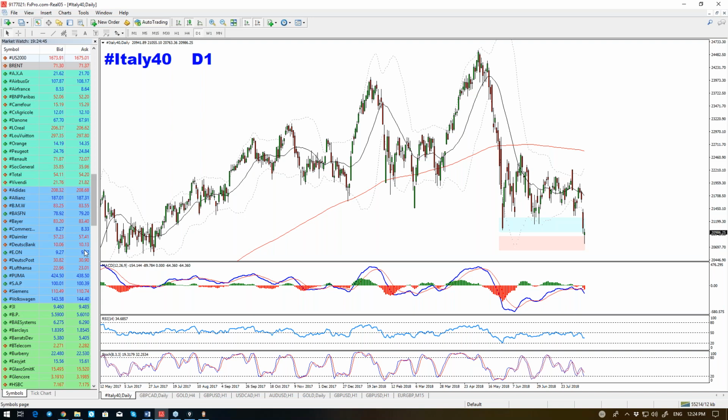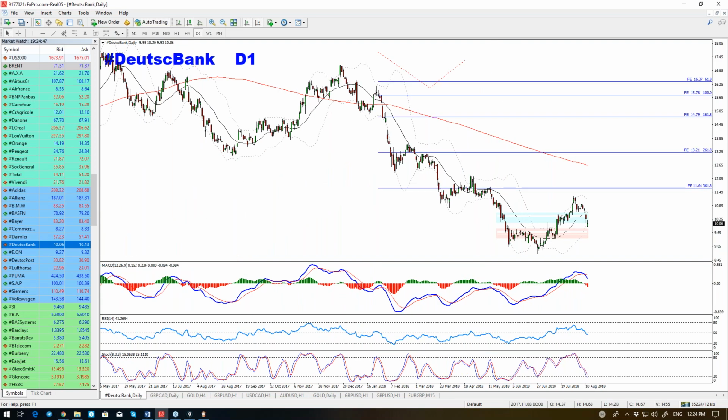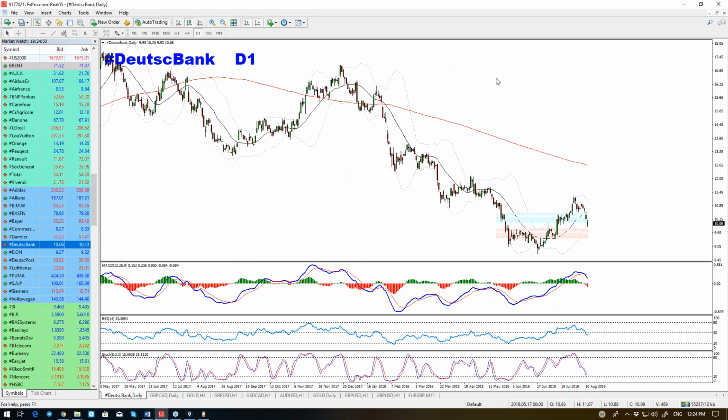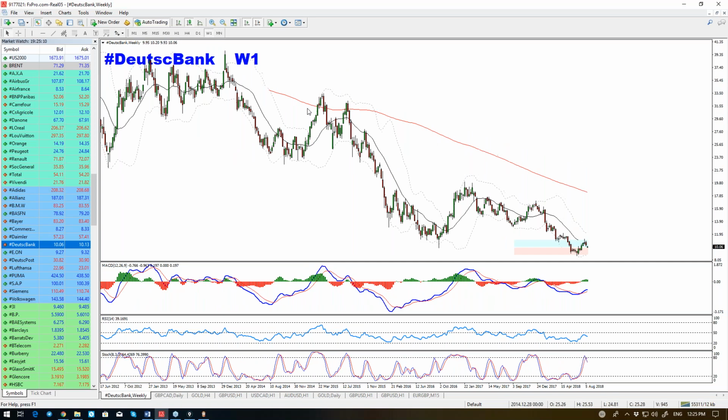Where is that? Stocks. We have the, here we go, the Deutsche Bank, which we are bullish. This is our invalidation, so we are holding it. We had a special cycle here, which is part of the weekly triple cycle down.